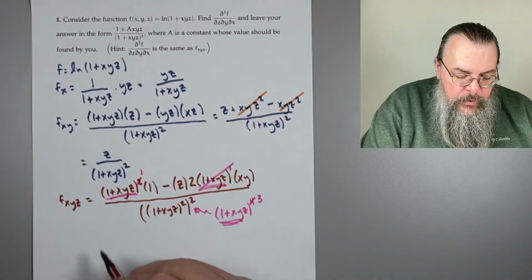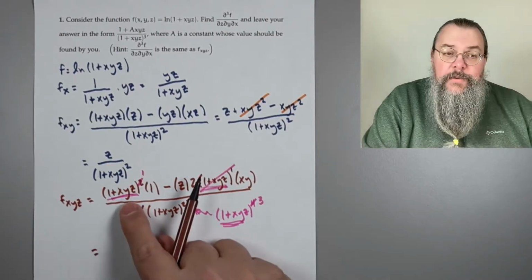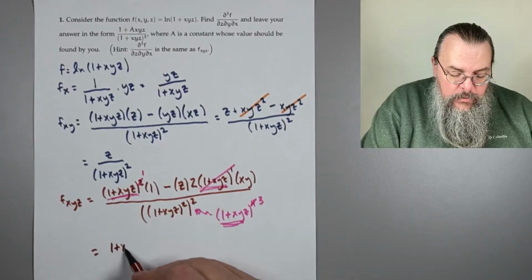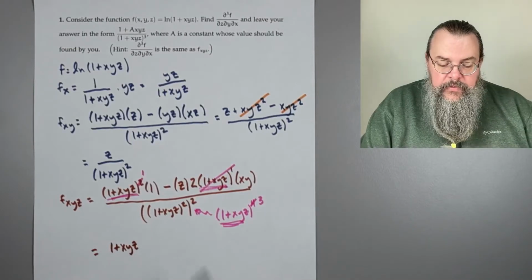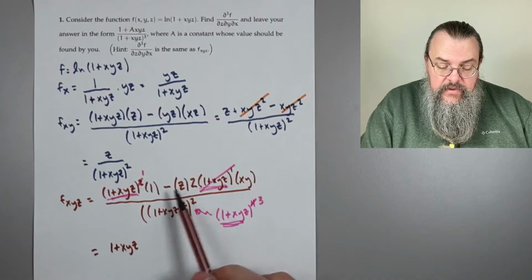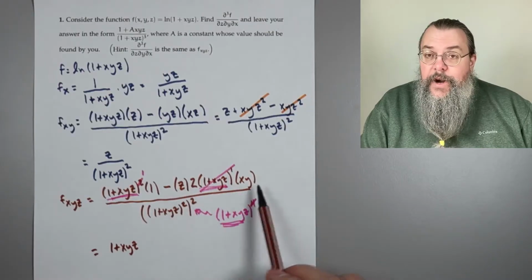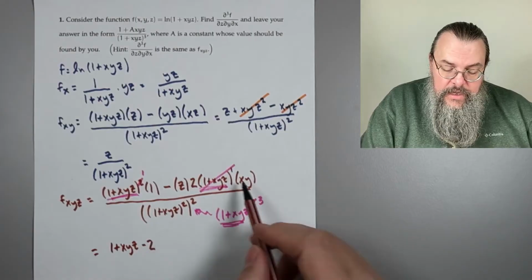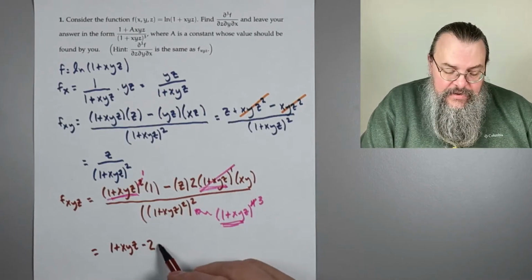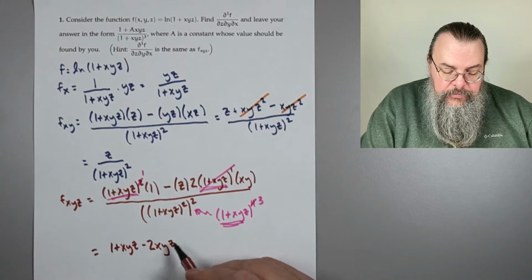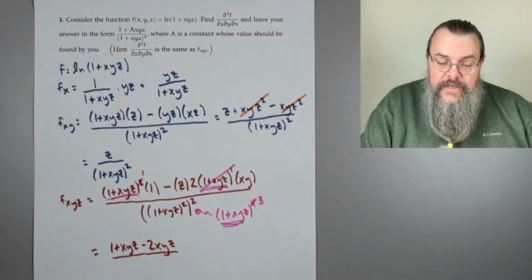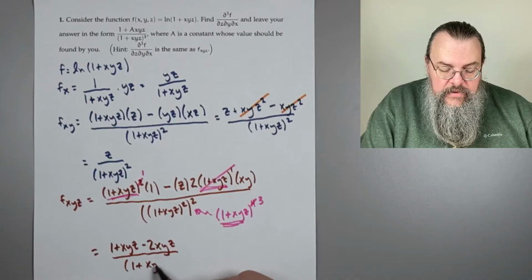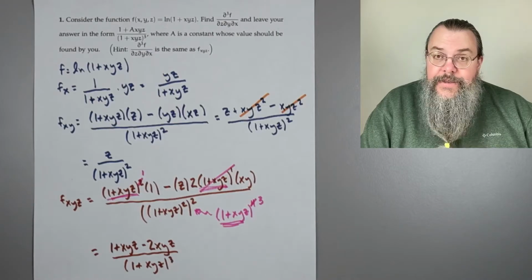Well, we have 1 plus xyz to the first, so that's a 1 plus xyz. And then here we have a minus 2zxy, right, because that's canceled. So minus 2, and it doesn't matter which order we write it in, so that's again xyz. And then downstairs, it's 1 plus xyz cubed.